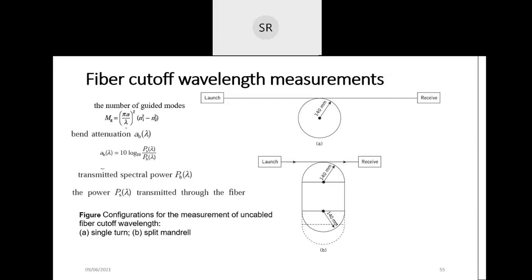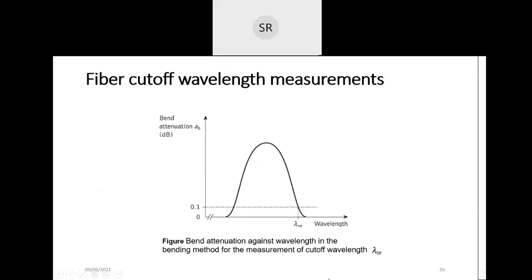If we consider a small loop of a fiber, or the fundamental mode of a fiber, the bend attenuation will be different accordingly. So here is the bend attenuation against the wavelength in the bending method for the measurement of the cutoff wavelength. This graph indicates the cutoff wavelength, and this is the curve for the bend attenuation here.